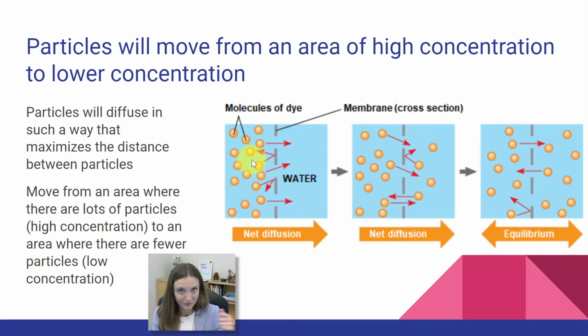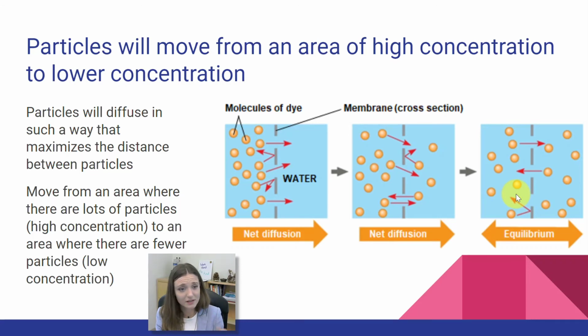So that Brownian motion causes these molecules to move around, they're bouncing into each other, some of them will bounce across that membrane, but over time they'll reach an equilibrium where there's roughly the same concentration of those molecules on either side. Okay, so they've distributed themselves out so they're in equal concentration on either side through the process of diffusion.